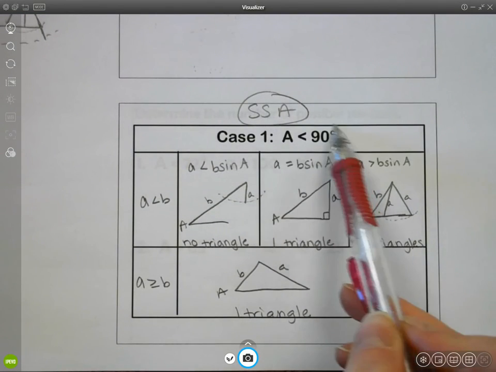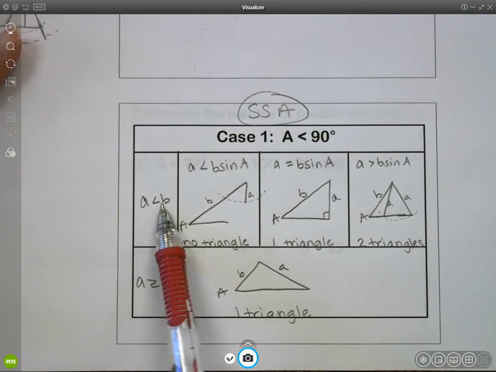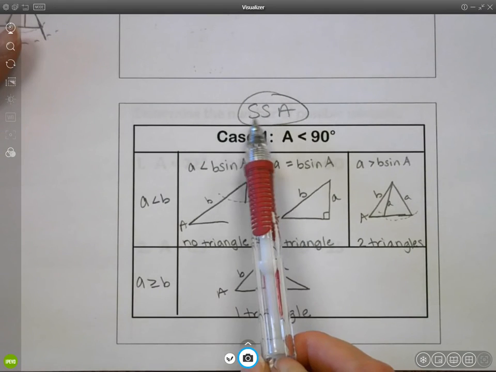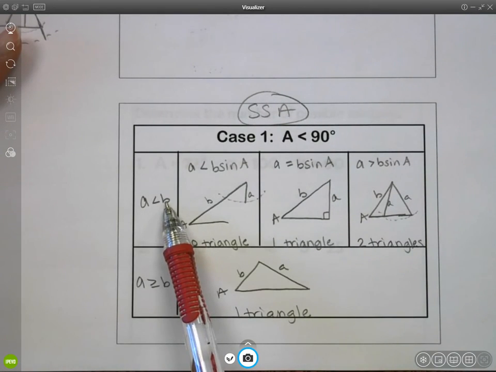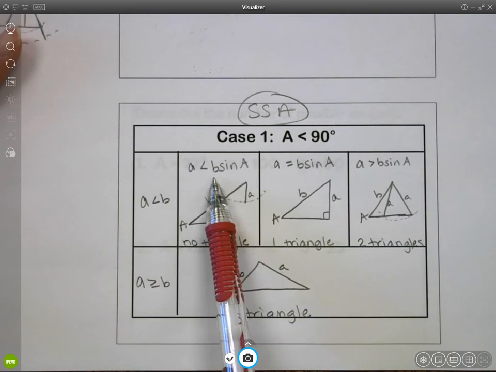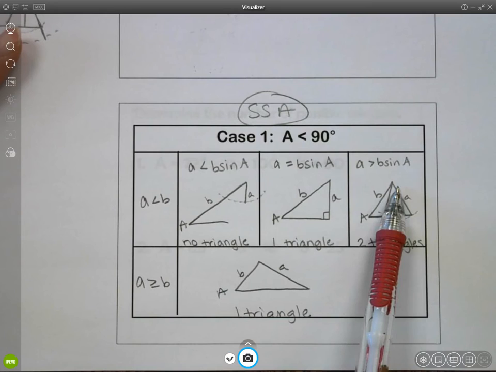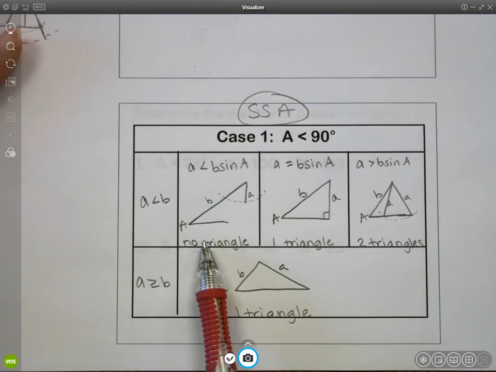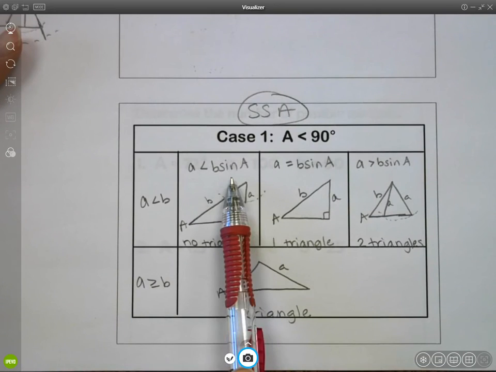So case 1: if the angle I give you is less than 90 degrees, an acute angle, then I look at side A and side B, the two sides I've been given. If A is less than B, then I may have no triangle, one triangle, or two triangles. No triangle is if A is shorter than the height of the triangle.